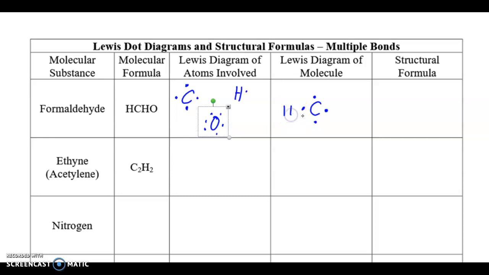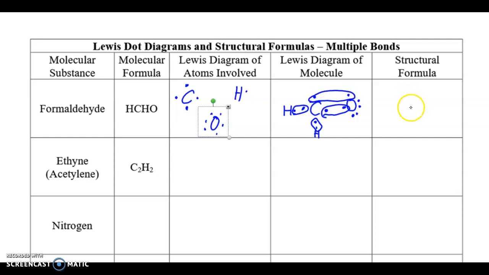So we'll do a single bond there, and then a single bond here to this hydrogen. And then the oxygen can form 2 bonds, and the carbon can form 4. It's already formed 2 to the hydrogens, so it has 2 left. So it looks like a double bond is going to be our best option here.